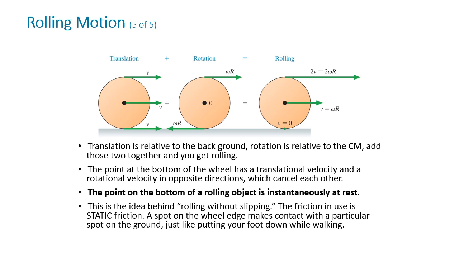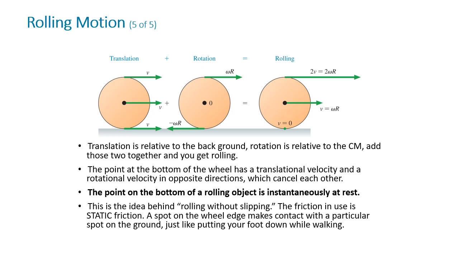But if you look at an object rotating, then you're looking at its motion relative to its center of mass, or its axis of rotation, right? If you look at it according to the axis of rotation, you see that the top is moving forward, but the bottom edge is moving backwards.